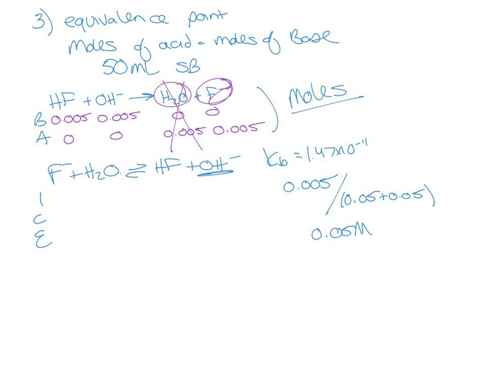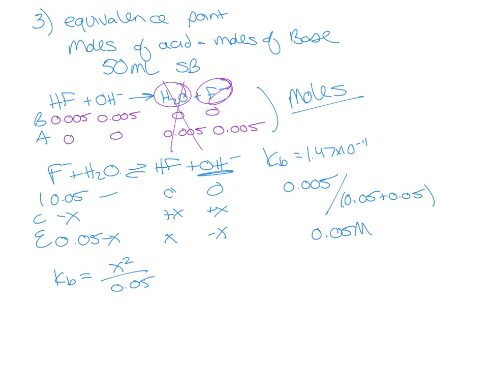Okay? So now I put this in concentration, 0.05, nobody cares about water, 0, 0, minus x, plus x, plus x, 0.05 minus x. Again, I'm going to make that assumption. So I get that my Kb equals x squared over 0.05.